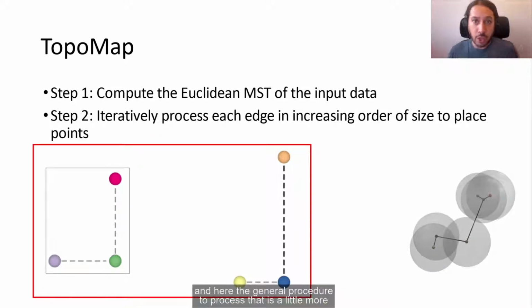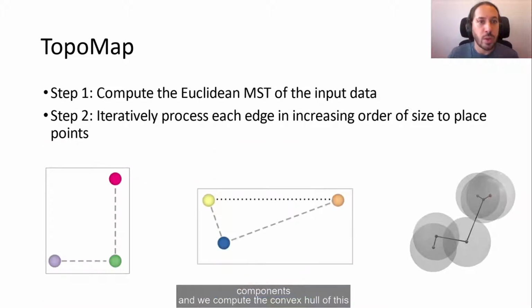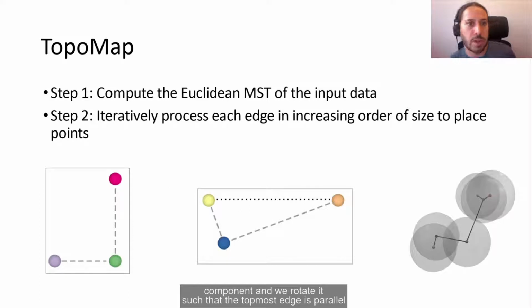And here the general procedure to process that is a little more involved. So first we take one of the connected components and we compute the convex hull of this component, and we rotate it such that the topmost edge is parallel to the x-axis.